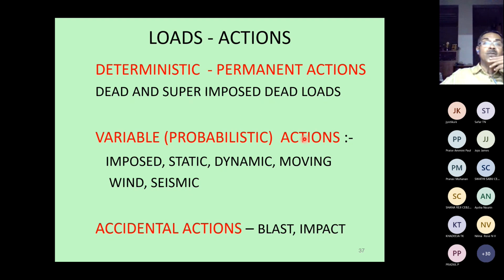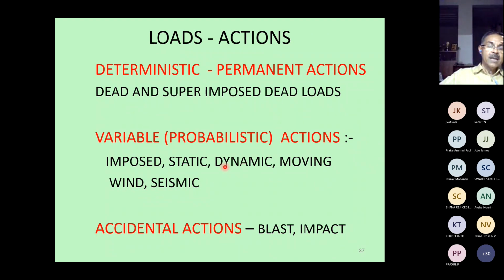These actions consist of imposed loads or live loads, and again can be subdivided into static or dynamic. A load that is constant in direction and magnitude is called a static load. A load that changes either in direction or magnitude is called a dynamic load. The load can be a moving load. The load can be wind or seismic.